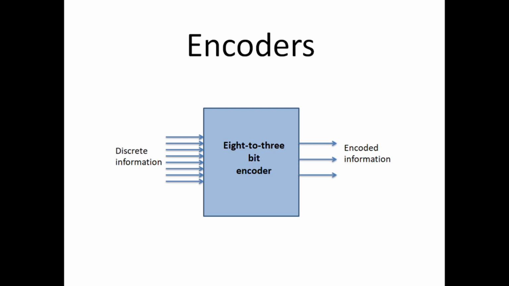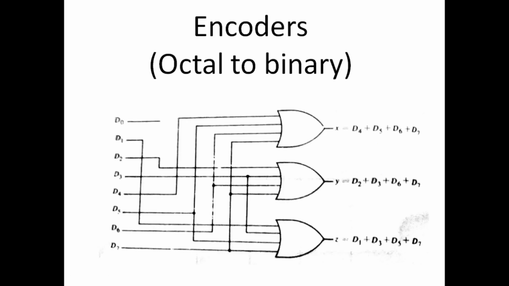So this is an 8 to 3-bit encoder that takes 8-bit discrete information and then encodes them into 3-bit using binary code. Here we have an example octal to binary encoder.